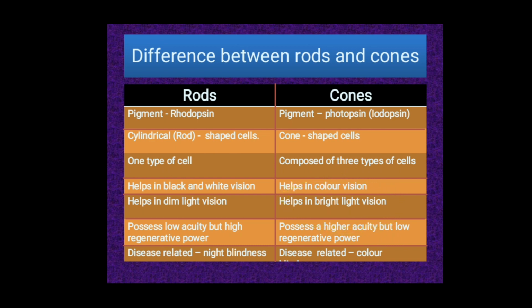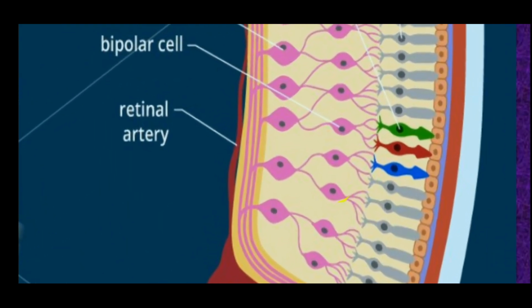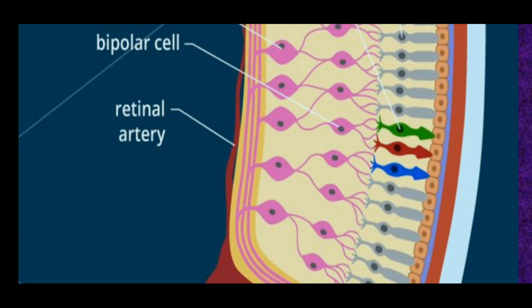Rods have low acuity with high regenerative power, whereas cones have higher acuity with less regenerative power. Then the disease related to rods is night blindness, whereas the disease related to cones is color blindness.